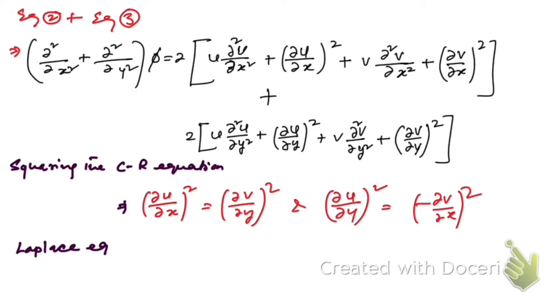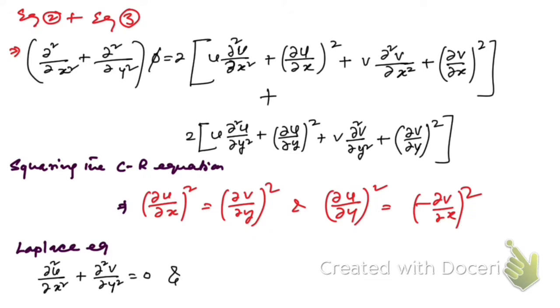Laplace equation, we can write, let me use the black ink here, second order derivative of u with respect to x plus second order derivative of u with respect to y, that's equal to 0.